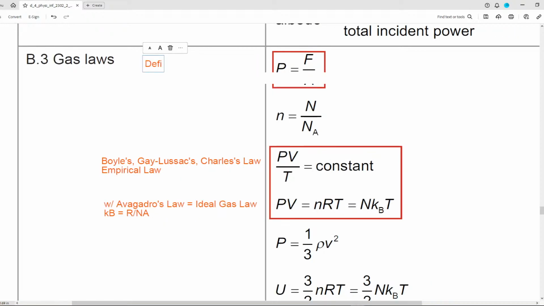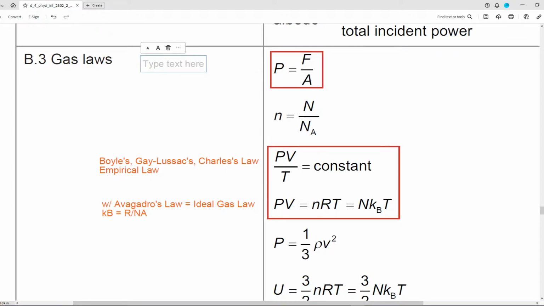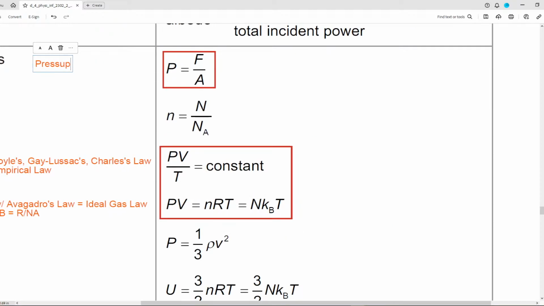Definition of pressure: P is pressure here, and F is force applied over surface area. I'll write the definition here for the letters. F is force, and A is the area the force acts on.